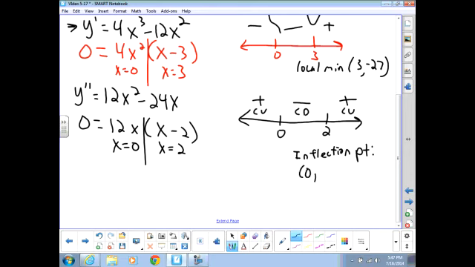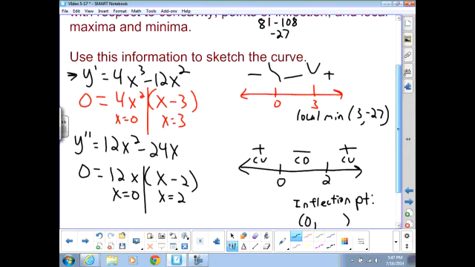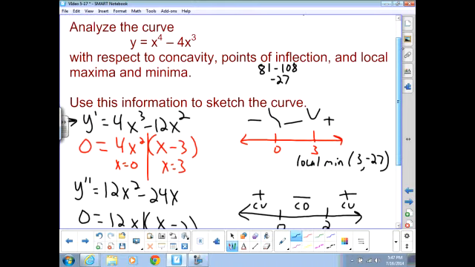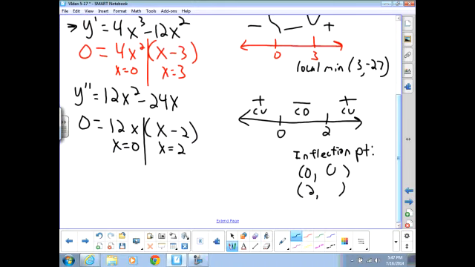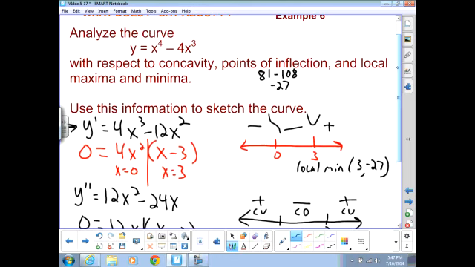So we're going to have a point at 0, comma something and 2, comma something. These are points in the original function, so we have to plug it back into the original function. When you put in 0 for x, you get 0 minus 0, which is 0. When you put in 2 for x, 2 to the 4th is 16. 2 to the 3rd is 8, times a negative 4 is negative 32, so you'll get back negative 16.